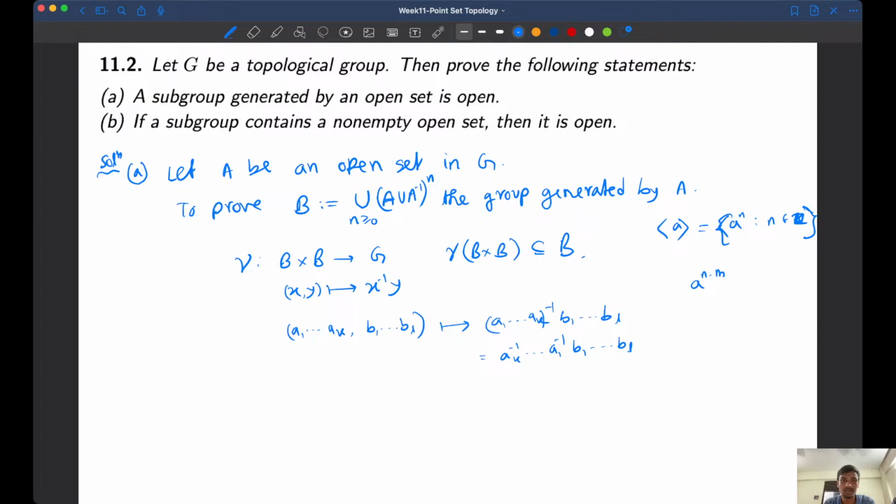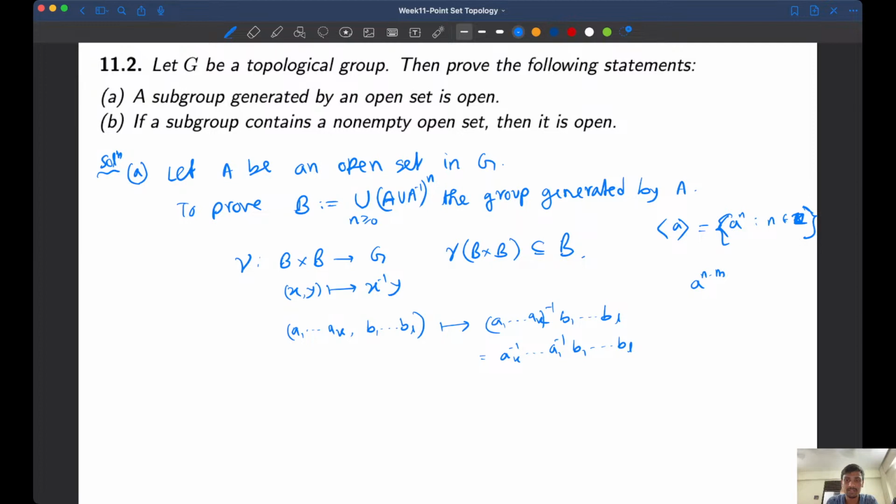Basically I just symmetrize my A and A inverse, so that I can say that this ak inverse through a1 inverse b1 through bl, all those belong to my A union A inverse, because b1 through bl and a1 through ak all belong to A. So the inverse thing still belongs here, and hence if I take the multiplication, this basically belongs to (A union A inverse) power k plus l.